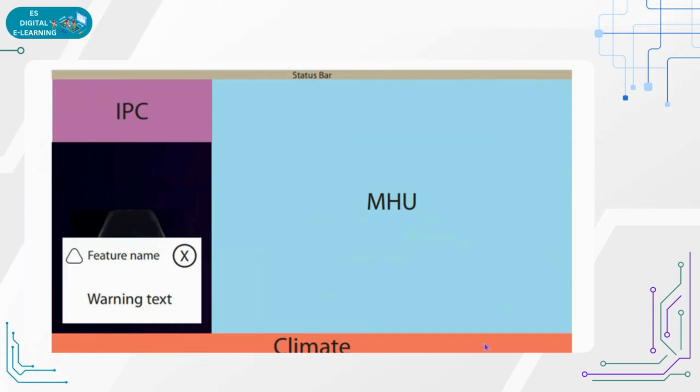And how does this e-cockpit hardware work? As we told, the display is completely like this. We'll get the climate information, what is the climate inside the car, and we'll get some warning text, and we have an IPC and we have an MHU. We will discuss what is MHU, what is IPC, and what is climate.